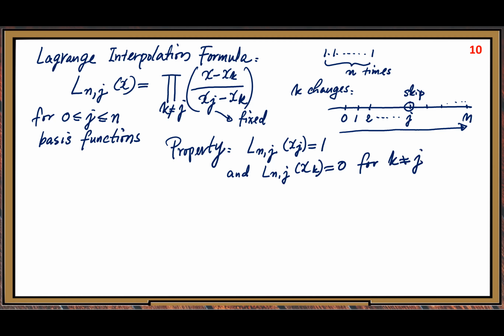If you plug in any such k, one of the numerator factors must be 0, so the whole thing is 0. That's simple. This property is very nice. So why is this property so important?